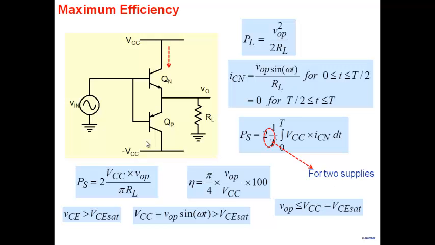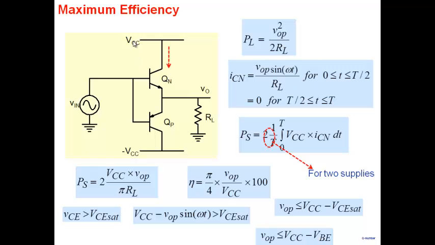But I said there's one more constraint, and the constraint is that the input itself cannot exceed VCC, because the input is coming from some previous stage, and the highest value of input is VCC. If the highest value of input is VCC, then the highest value of V0 would be VCC minus 0.7, so VCC minus VBE. So in that case, the highest V0p that you could get is the supply voltage minus the 0.7 volt drop here.